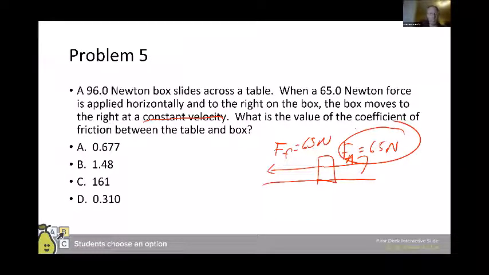So here we're just going to have to go to our fun equation. Like so. We're looking for the coefficient of friction. So if we rearrange our equation a bit, we know that this frictional force is 65 newtons.